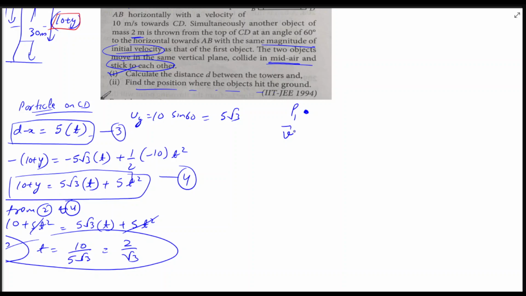We will write v vector as u vector plus a vector into t, and for the other particle P2 we'll write v vector as u vector plus a vector into t, right? They stick to each other.